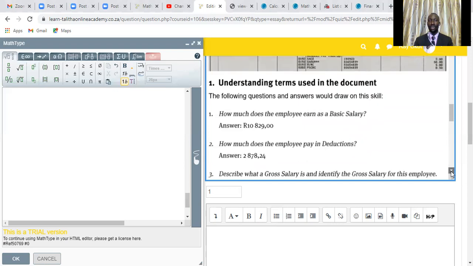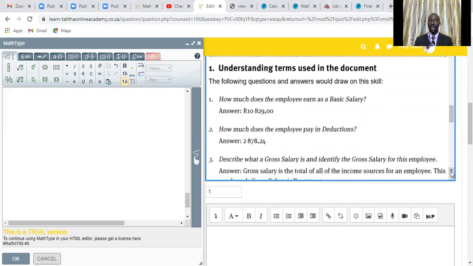We discussed how much the employee earns, things like basic salary. Here it is brought in a question: how much does the employee earn as a basic salary? Our discussion was, what is a basic salary?